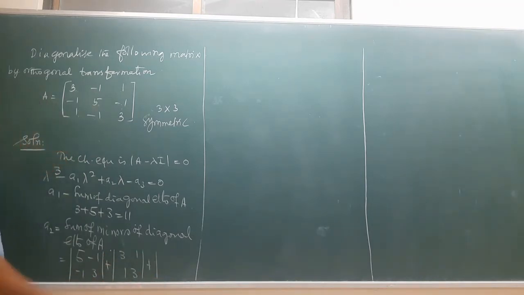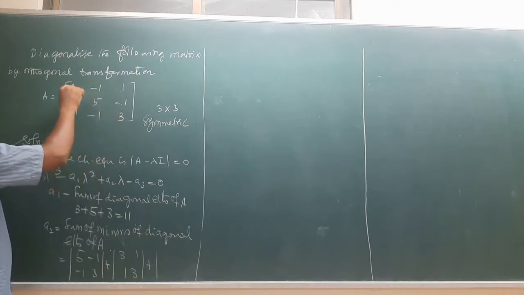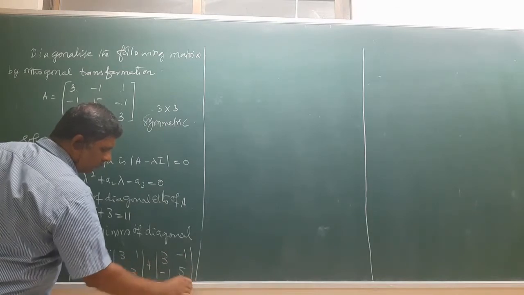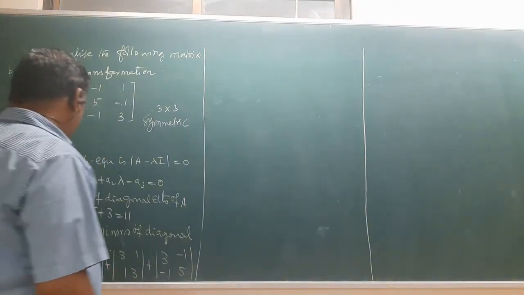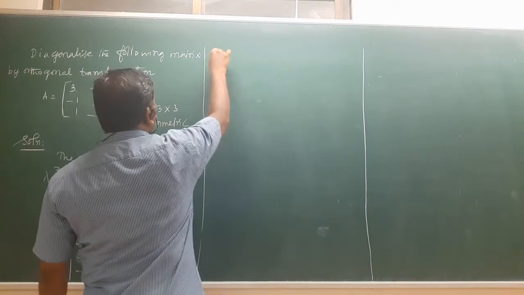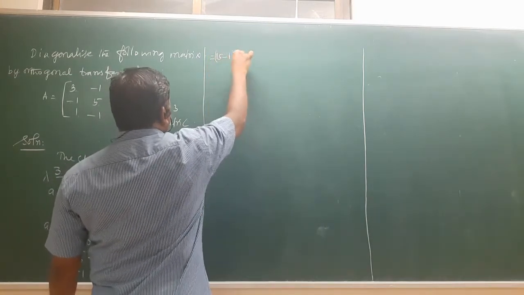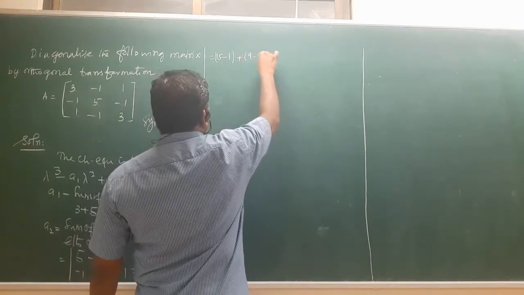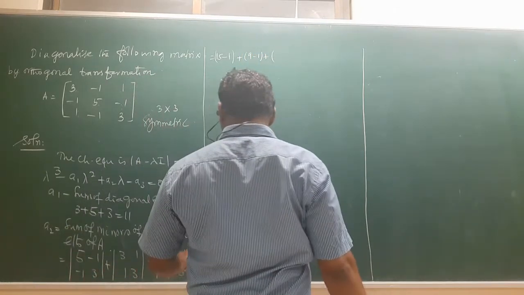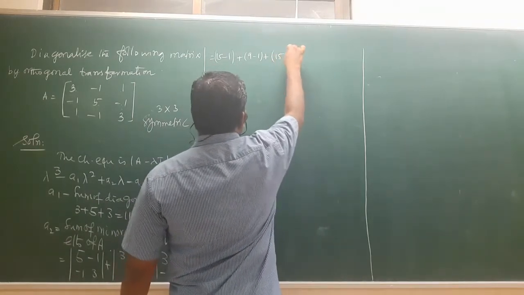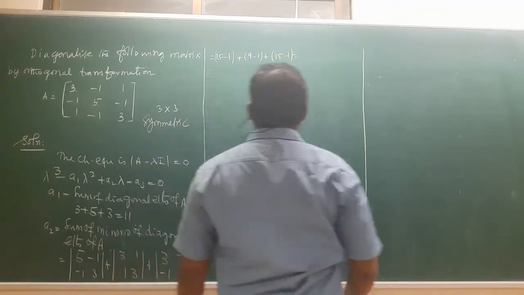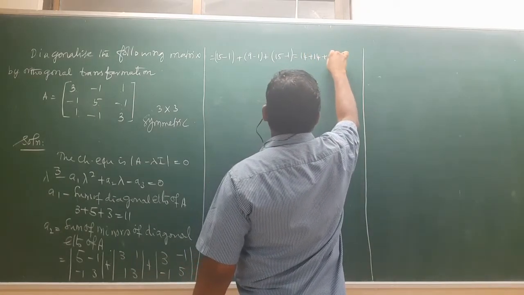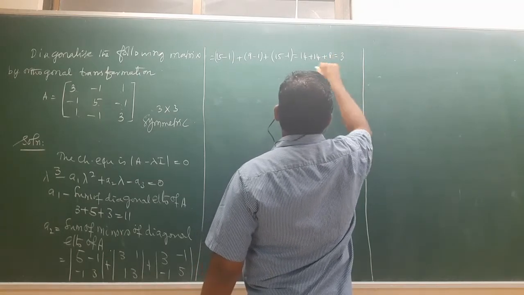Plus, third diagonal element is 3. The minor is 3, -1, -1, 5. What is the value of this? 15 minus 1, plus 9 minus 1, plus 15 minus 1. That is equal to 14 plus 8 plus 14, that means 28, 36.